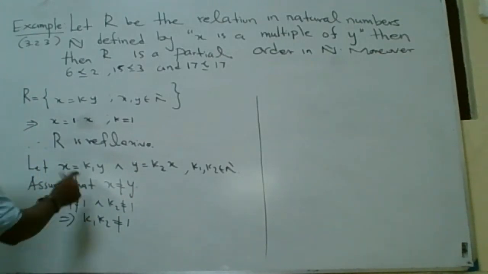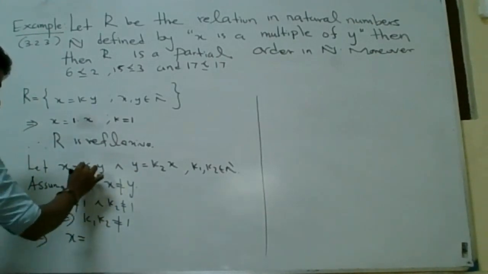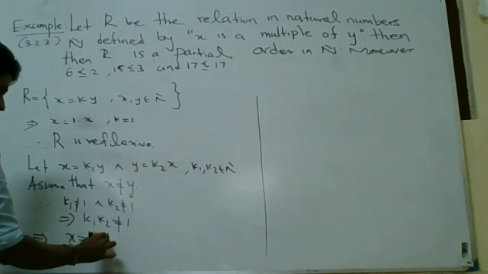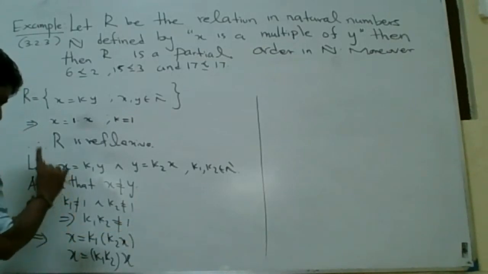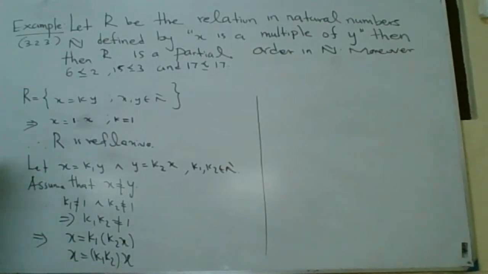Now you can use these two parts. From these two parts, you get x equals k1 y, and for the y part you put k2 x. Therefore, x equals k1 k2 x. Since x equals x, there are no other possibilities for the product k1 k2.